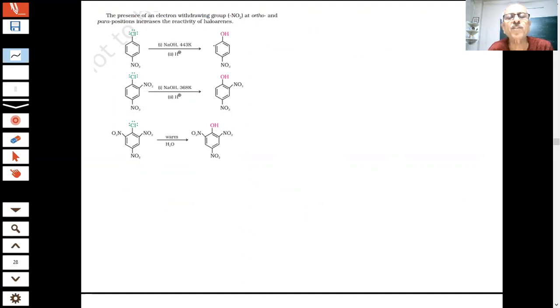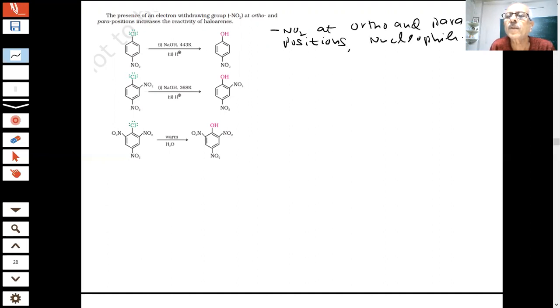But if we attach nitro groups at ortho and para positions, the nucleophilic substitution reaction becomes faster. It is facilitated, students.